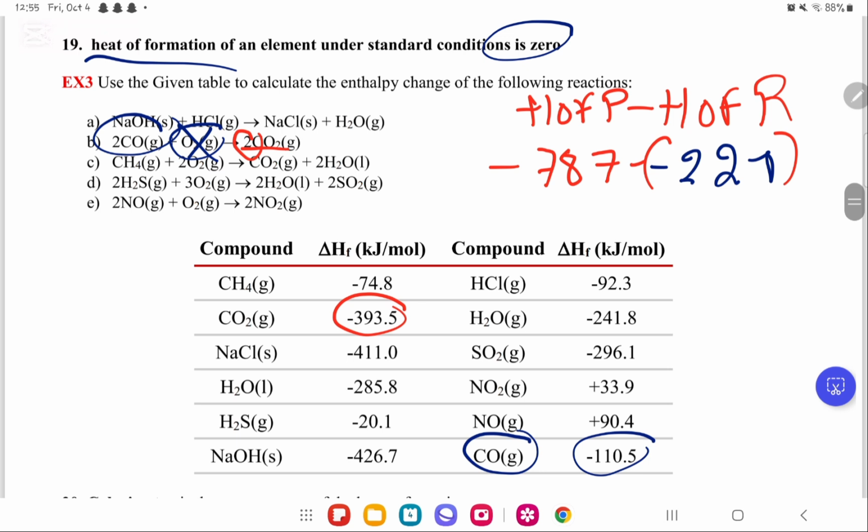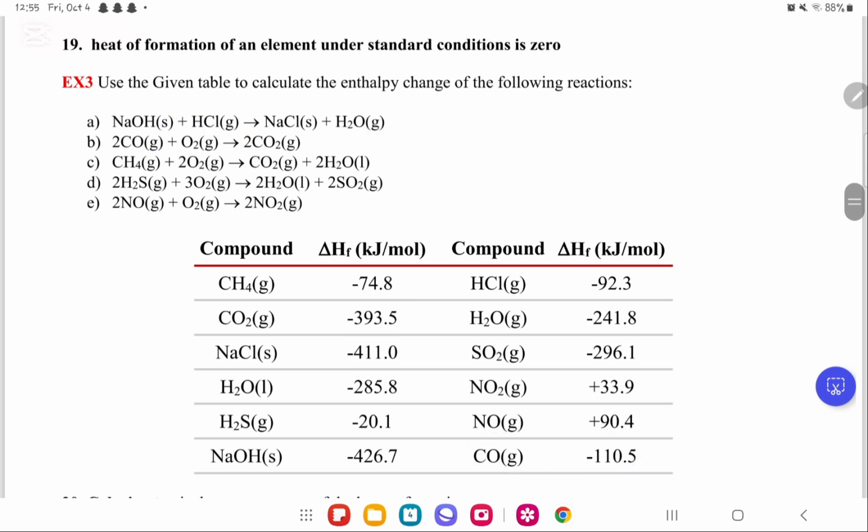So minus 787 minus 221 is equal to negative 566. So the answer here is minus 566 kilojoules per mole.